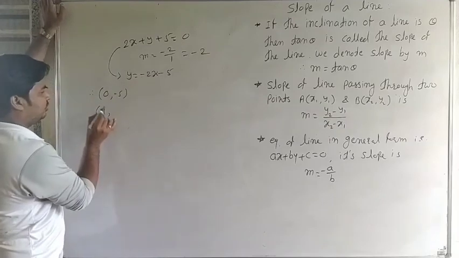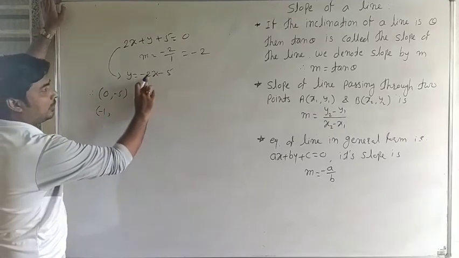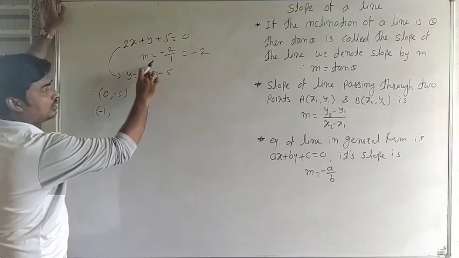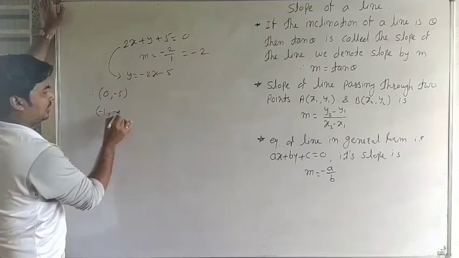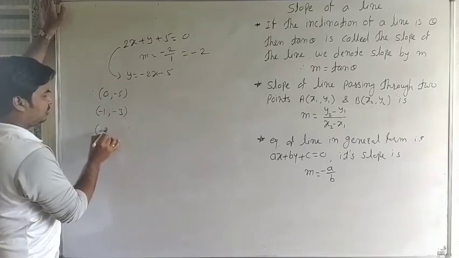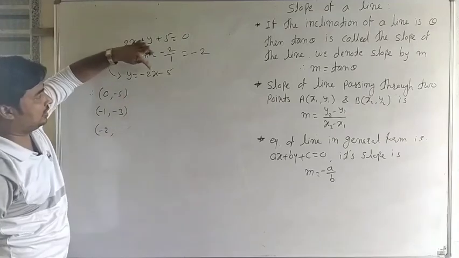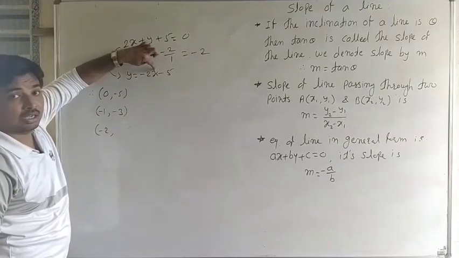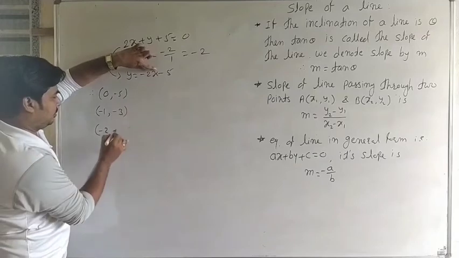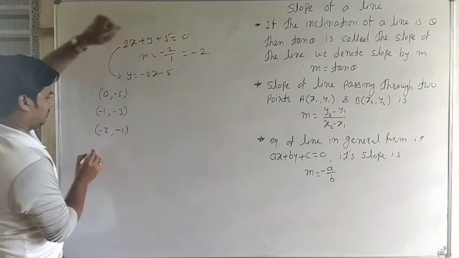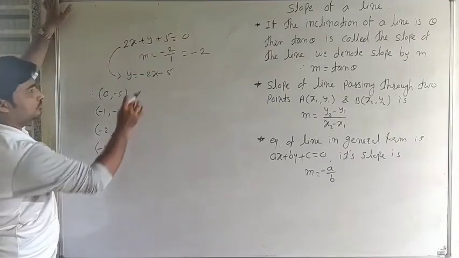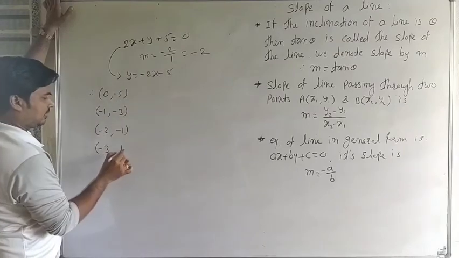Suppose we take x is equal to -1. When x is equal to -1, it is a +2, and +2 - 5, it is -3. When x is equal to -2, -2 means here +4, it is a -1, +4 - 5. When x is equal to -3, it is a +6, therefore it is a +1.